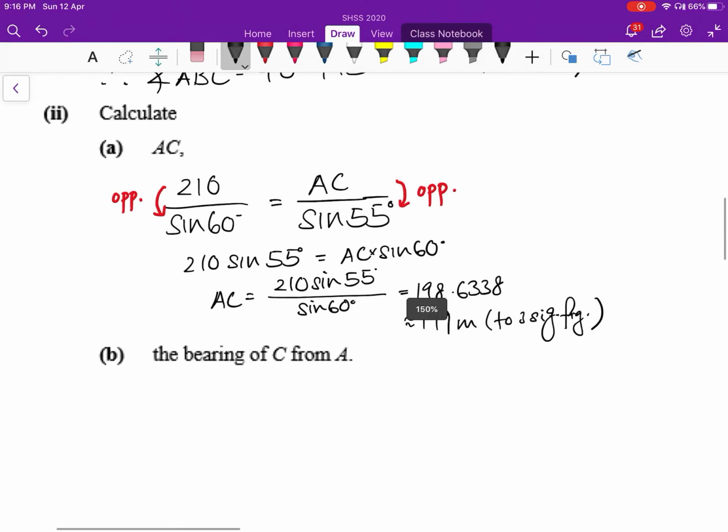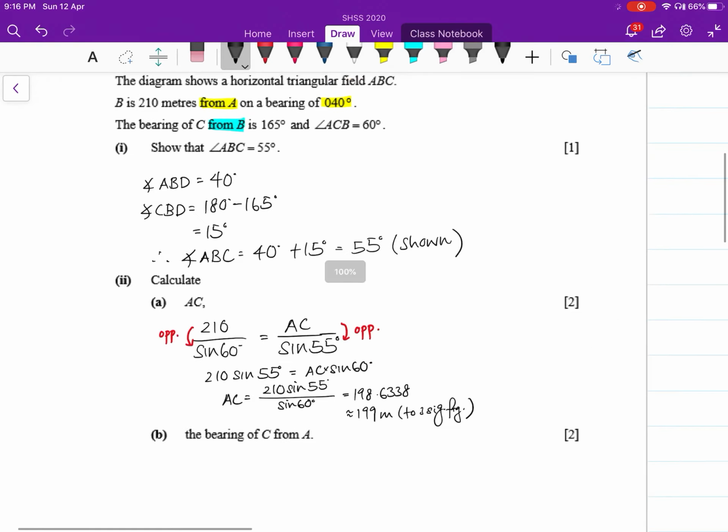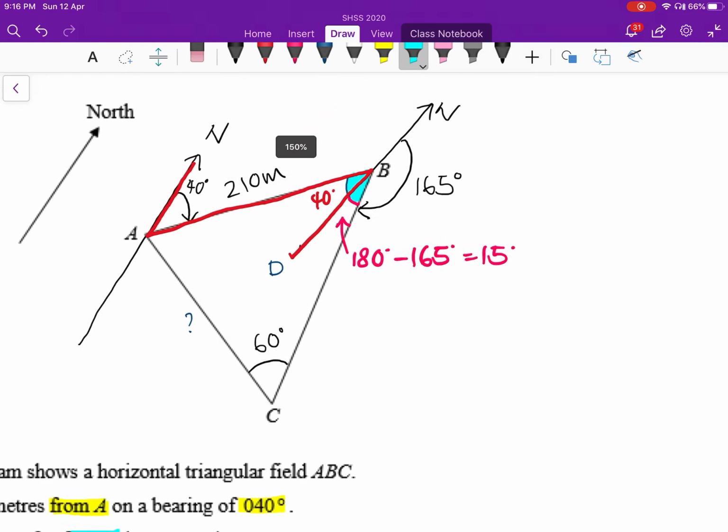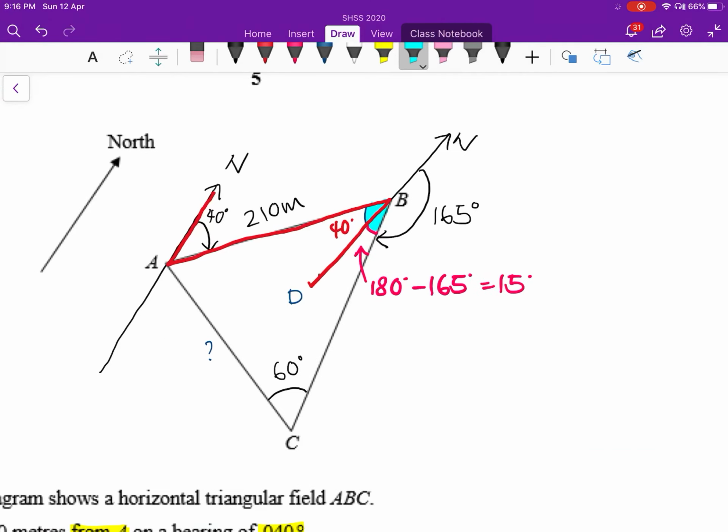Now, next we need to find the bearing of C from A. The bearing of C, if you read the question, from A. If it's from A, my north line is already drawn at A, but I want to find the bearing of C. So my arrow must reach from here all the way to C. I need to find that bearing. To find that bearing, I need to find this angle over here, this pink color angle over here.